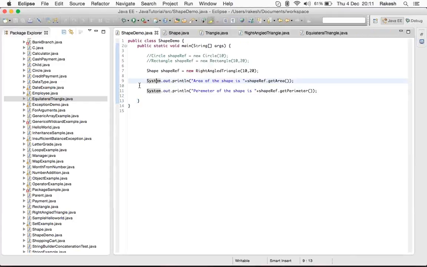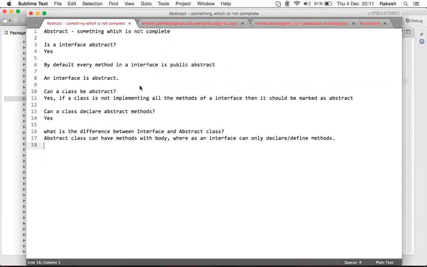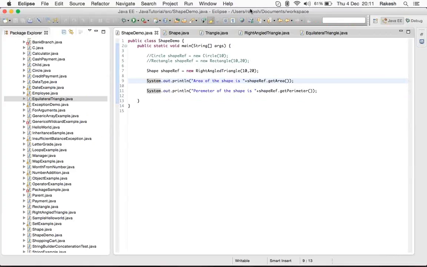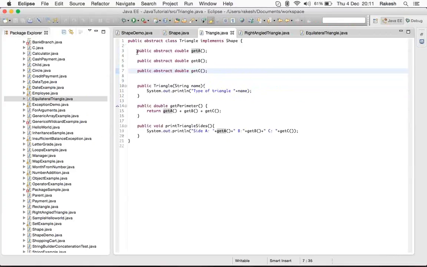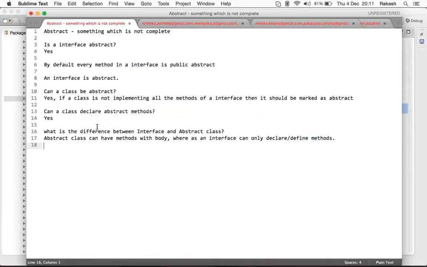So that is the advantage of an abstract class. An abstract class can declare additional abstract methods and also provide method implementations. Is it clear what an abstract class is? Everyone, any questions here? Please feel free to ask.